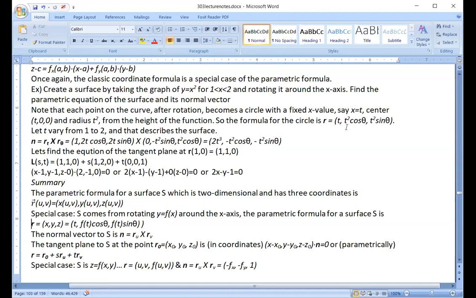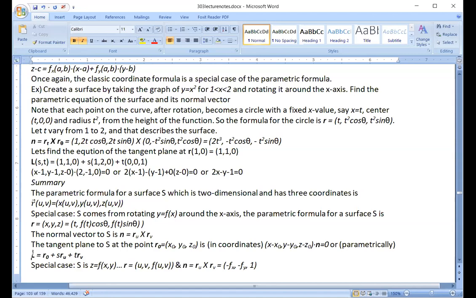Or we can write it in parametric form, which would be r, or typically we use L for this. L equals our initial point r0, plus parameter s times tangent vector dr/du, plus parameter t times the other tangent vector dr/dv.